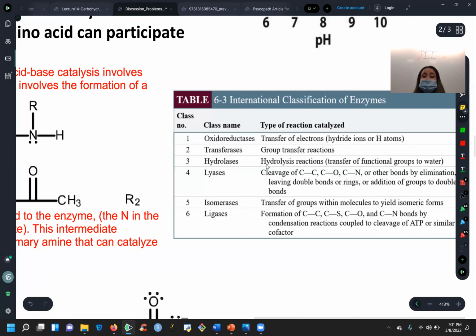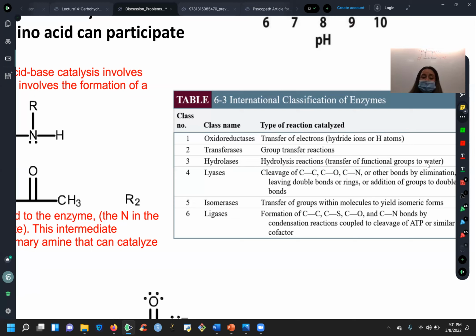Hydrolases. These are hydrolysis reactions. You transfer functional groups to water. So whenever you see H2O by itself, and then all of a sudden H2O has a different group attached to it, that's how you know that that's a hydrolase reaction. Transferase: group transfer reactions.